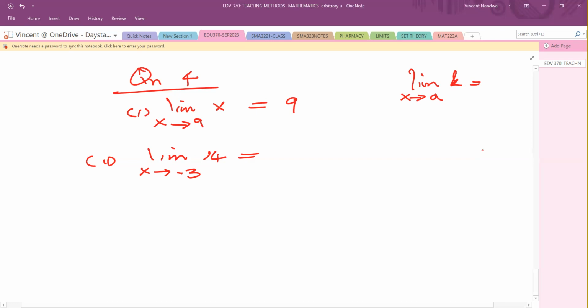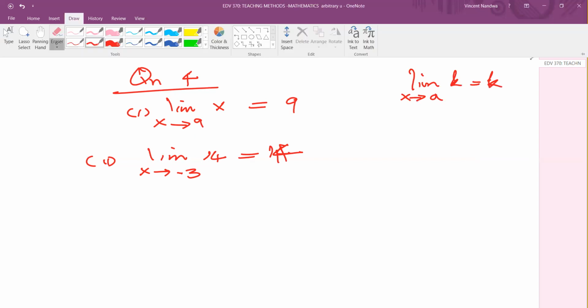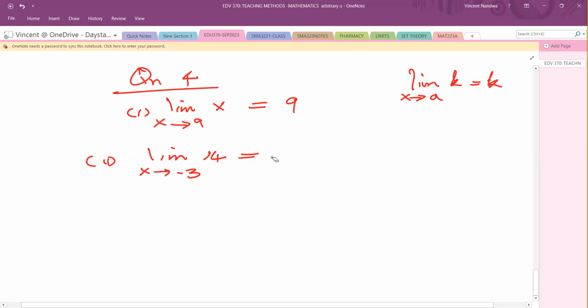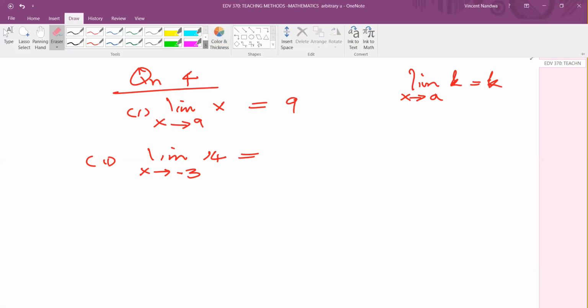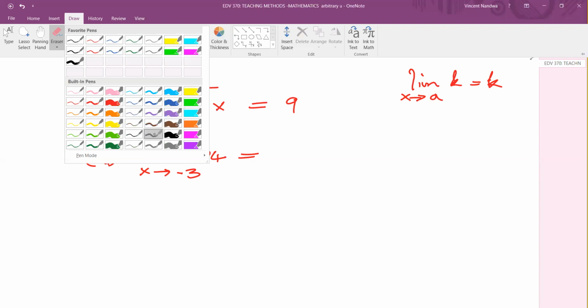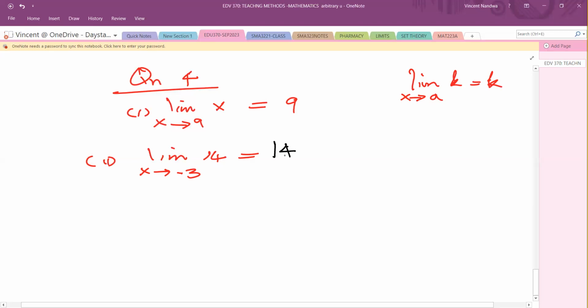So the answer here becomes 14. So you know that the limit as x approaches a of k is just k, okay? They are just trying to test your mind on whether you know that if you have a constant and you take the limit, you get the same number. So that's the trick they are giving you in that problem. So the answer will still be 14.